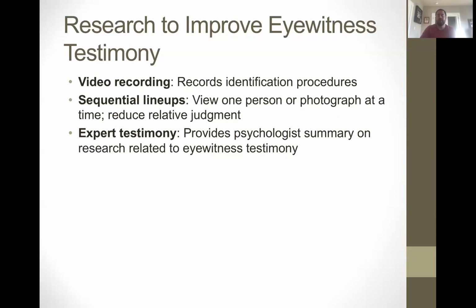But having a psychologist give that expert testimony, whether it's a written statement just to the judge, and then the judge can give it to the jury, or the psychologist actually goes on the stand and states what they know about eyewitnesses, is just getting the information to the people that are making decisions.